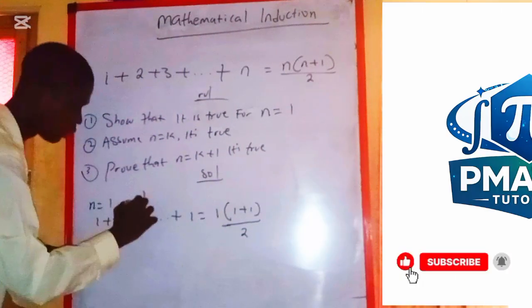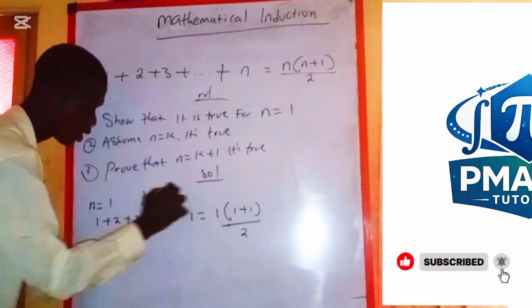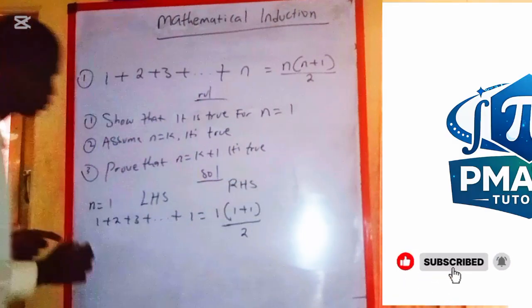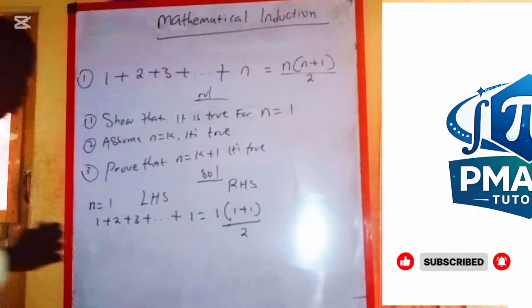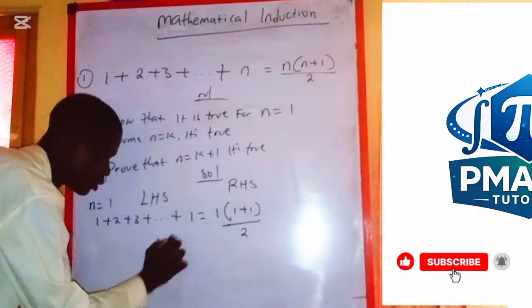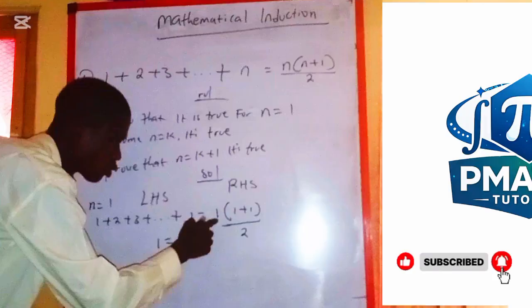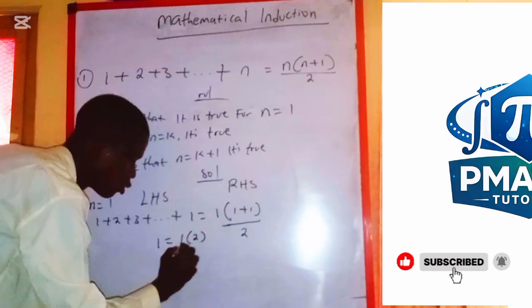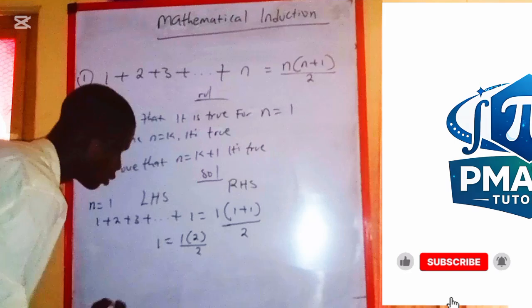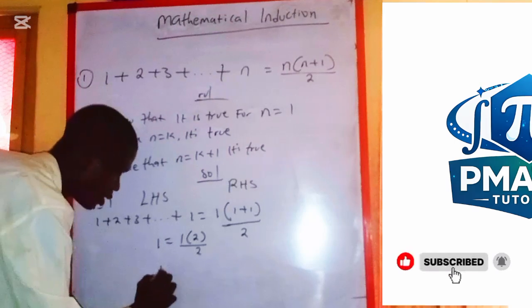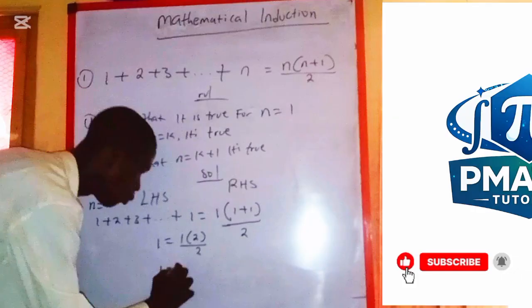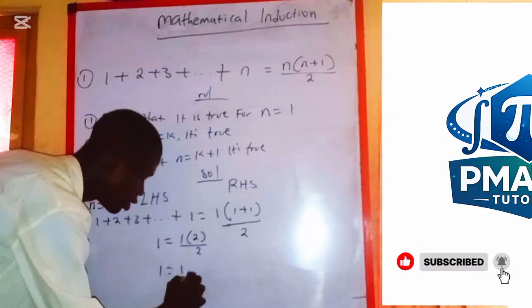This is the left hand side, and this is the right hand side. So 1 is equal to 1 plus 1, 2, over 2. That means 1 is equal to 2 divided by 2, which is 1. That means it is true.